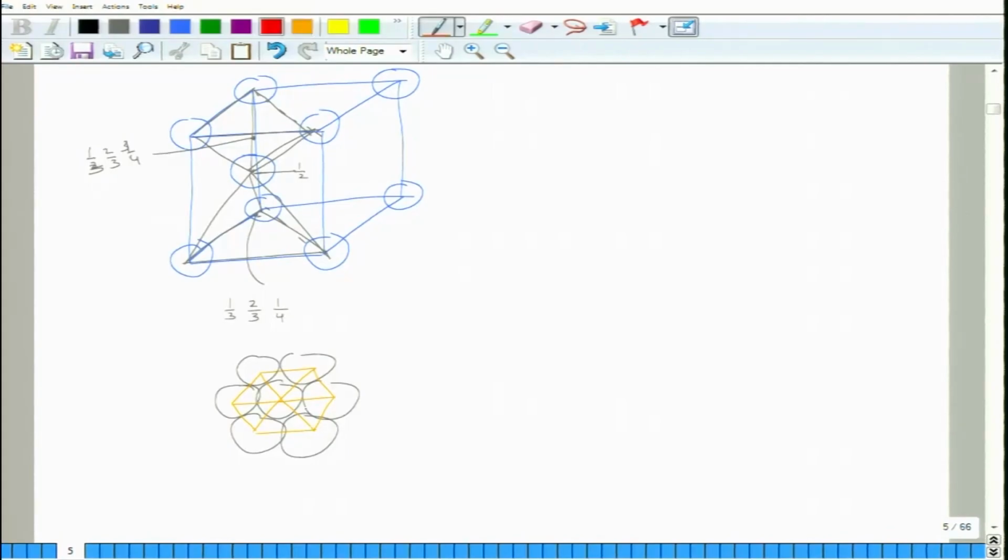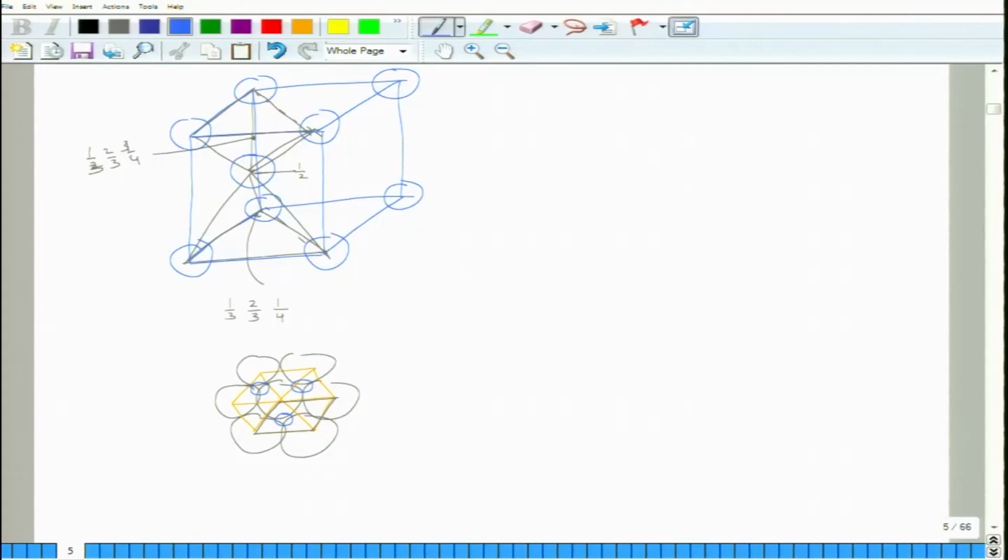You have one atom sitting and let us say if this is my first unit cell, one atom is sitting here, the second atom got to be sitting here and the third atom is got to be sitting somewhere here.